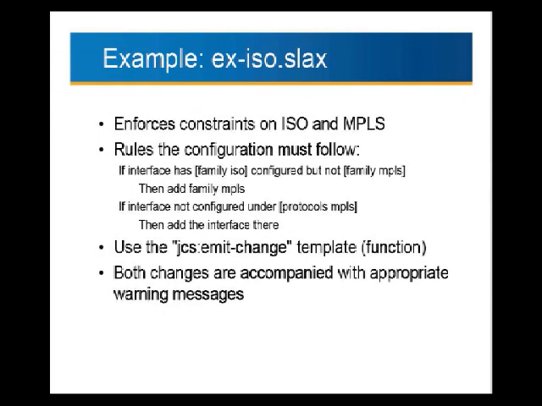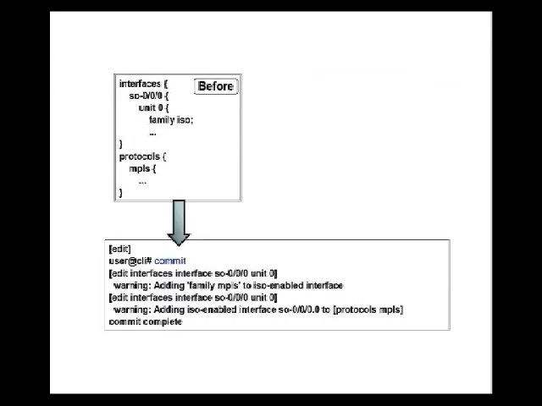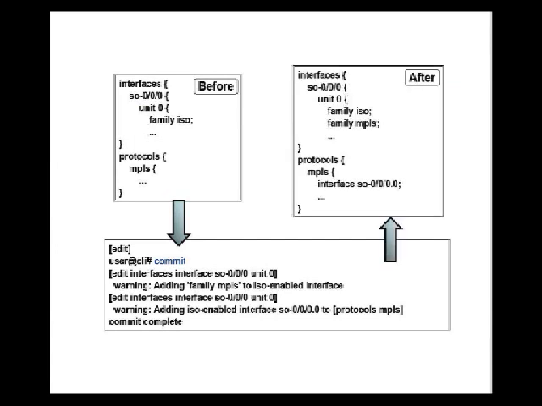I use a helper template, which in XSLT works like a function called JCS emit change, and I'll generate warnings for both of these. So before, I have a configuration with family ISO. As I commit, I'll get a message saying what the script is doing, and then afterwards I'll have the MPLS configured for that interface, and also that interface configured under protocols MPLS.